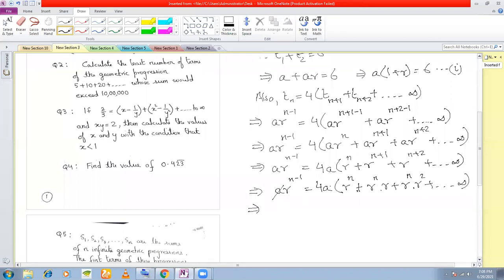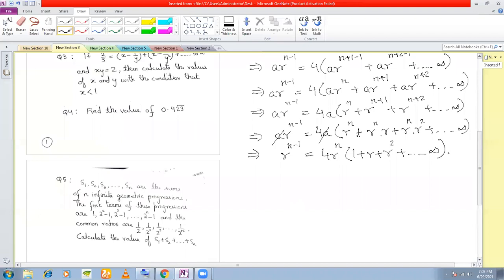Now from here you can cancel a from both sides and r to the power of n minus 1. Now you can take r to the power of n out. If you take r to the power of n out, what are you left with? 1 plus r square up till infinity, right? This is what you are left with.